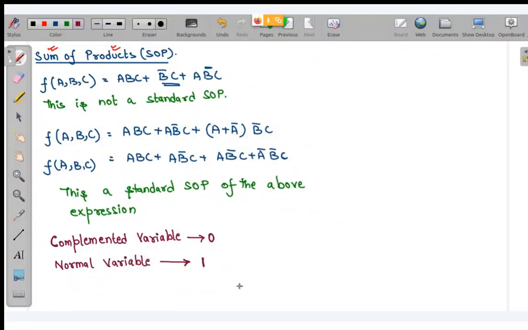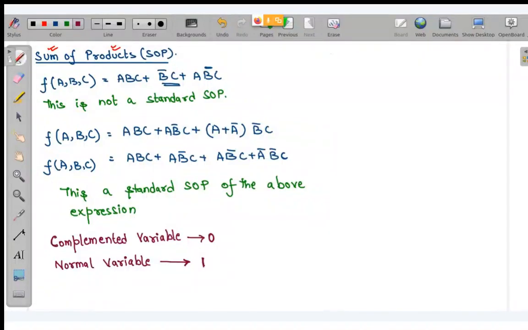So if I want to show, look very carefully. Here we have three variables A, B, C. So the corresponding SOP for this will be what? Look very carefully.